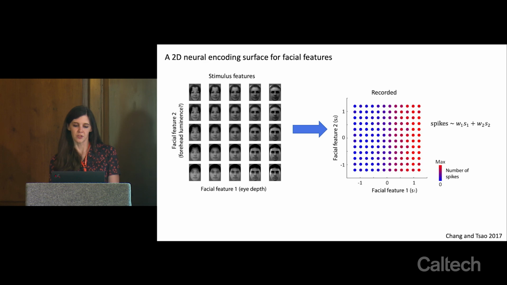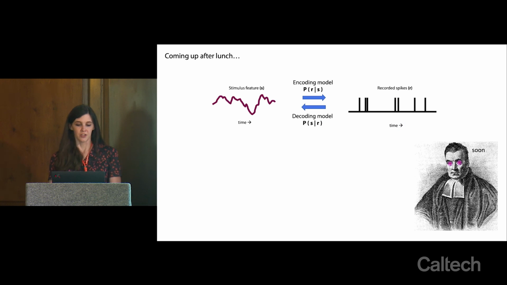I'll skip through this in the interest of time and just say that after lunch, we'll be talking about these neuron encoding and decoding models and how we can learn a little bit about the mapping from stimulus input to recorded spikes. And I'll wrap up there because I think I'm running into coffee.